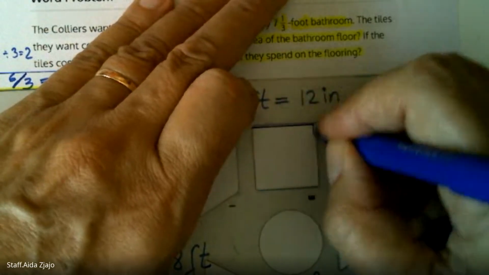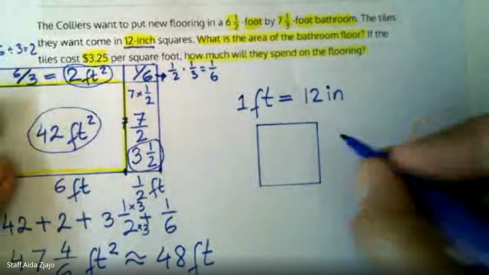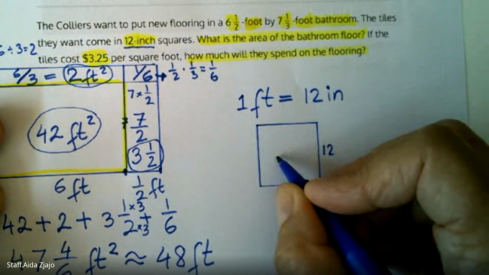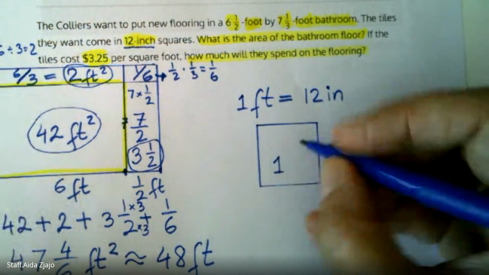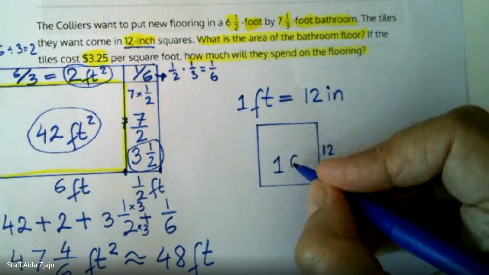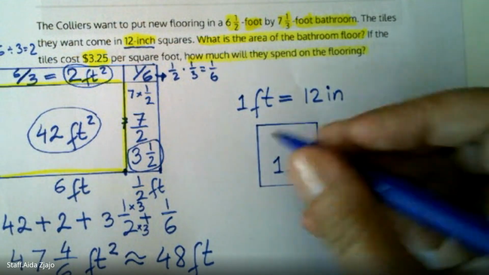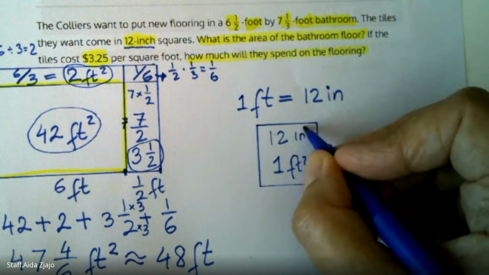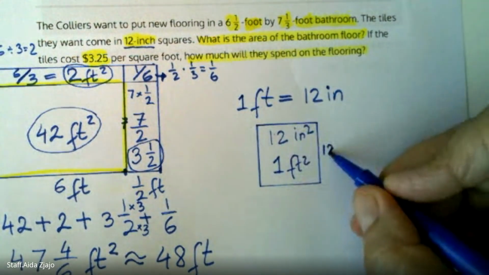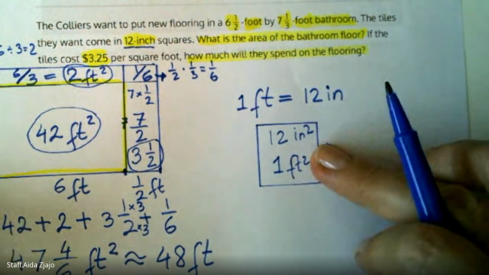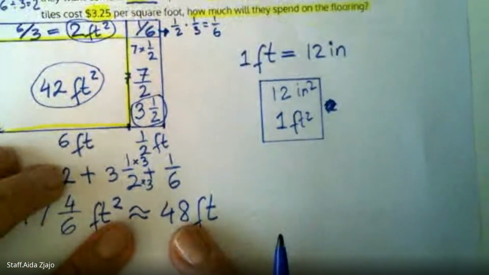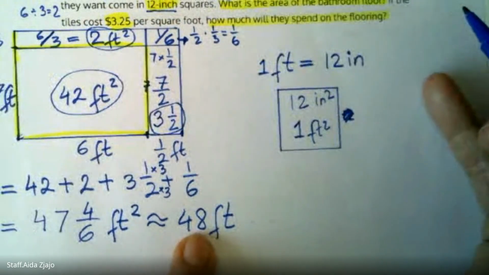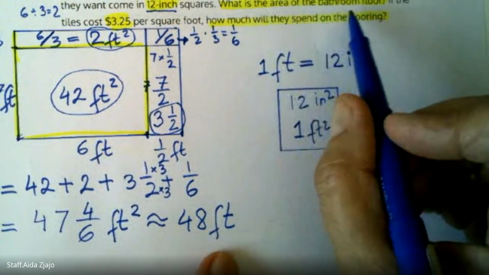This is a tile, so we can say 12 inches squared, or 1 foot square. When we know that this is the same, then they will need 48 tiles.